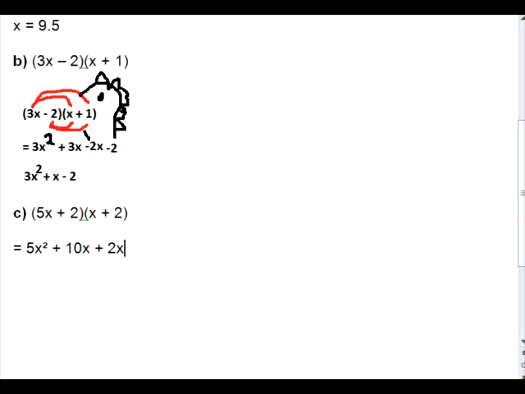Good, plus 2x. Alexandria, can you do this plus 2 times this plus 2? And that's plus 4. Great. So we're almost done, but not quite yet. Alexa, can you neaten this up? 5x squared plus 12x plus 4. Great.